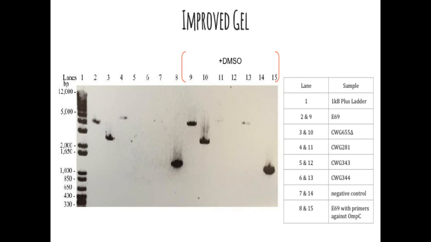Overall, there is an improvement in the PCR quality, and we can conclude our modifications enhanced our PCR reactions. Furthermore, we were able to successfully reproduce a band consistent with our previous PCR result, indicating that this band is the expected band for CWG655 delta strain.